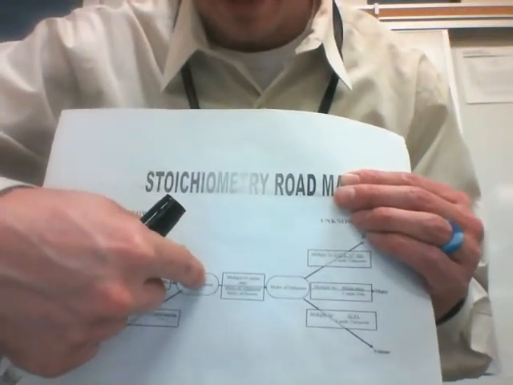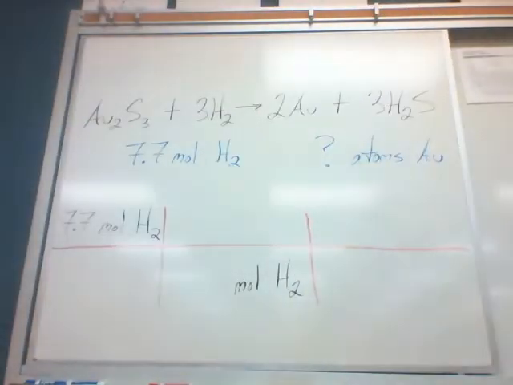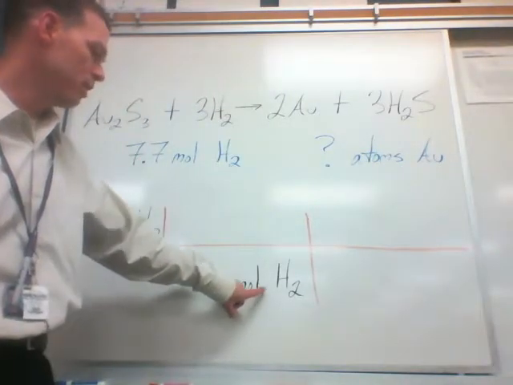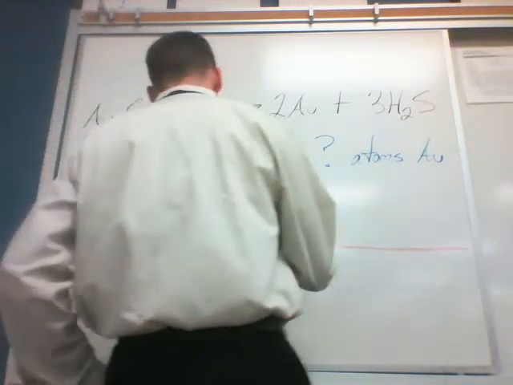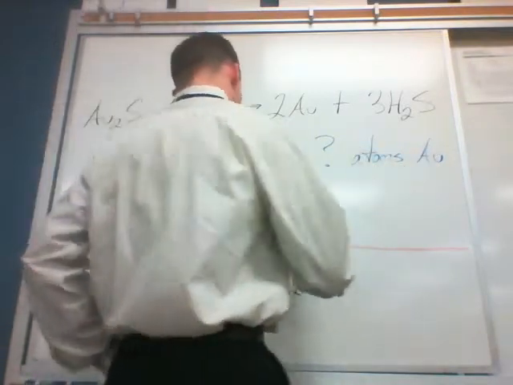So right away, you're going across this middle area. Right away, you're traveling from here to here, which is when I tell you to focus on that middle square to write the correct thing. I want to go from moles of known, as the very middle square says, to moles of unknown, gold.